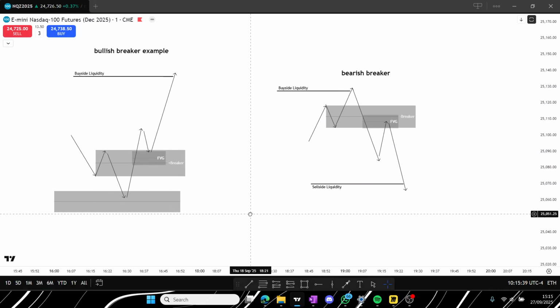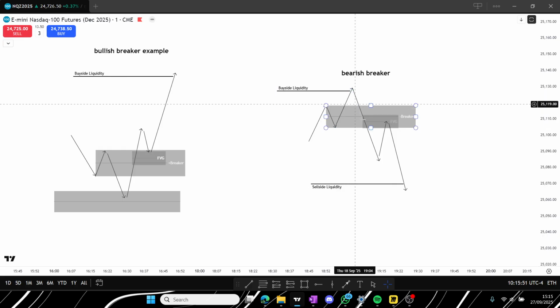Just remember the pattern for bullish and bearish. A bullish pattern is low, high, lower low, higher high. Bearish, high, low, higher high, lower low. Once that's happened, you then wait for a retracement into the breaker.